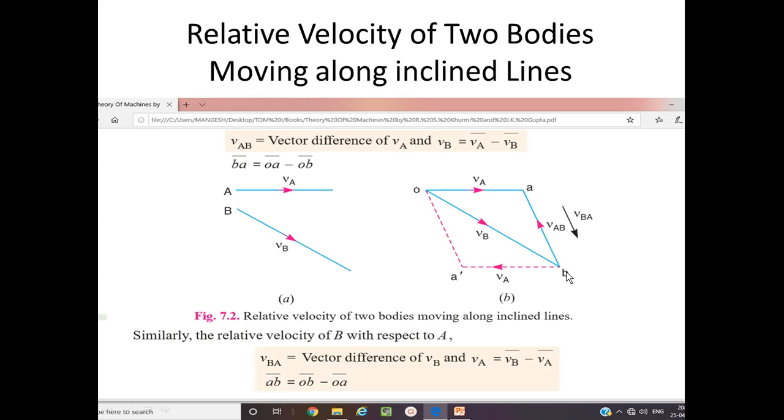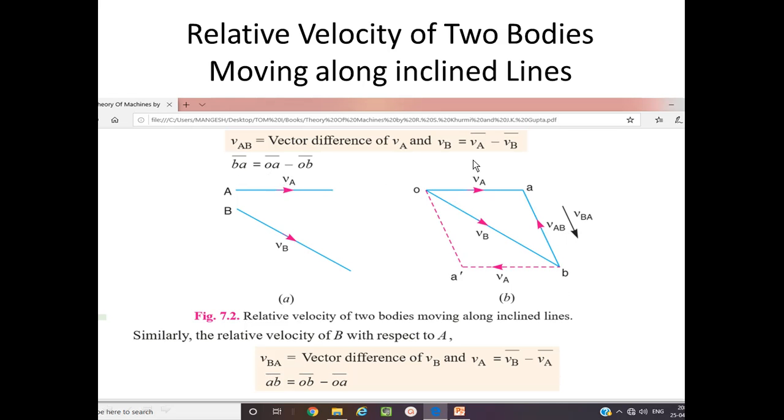Then point A and point B are joined with the help of one vector, where the velocity of A with respect to the velocity of B can be drawn with the help of the BA vector. So BA vector is equal to OA bar minus OB bar. This BA vector is equivalent to the velocity of body A with respect to body B.